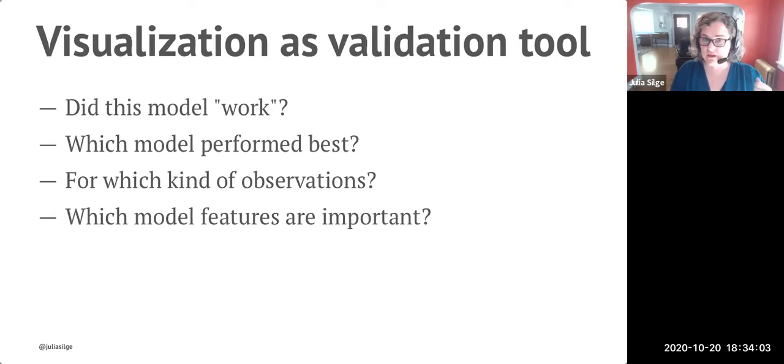At this point, these are decisions like, which model should I choose? Is this model fair enough? At the same time, there are some pretty unique things to note about plots used for model evaluation that I think are kind of interesting to point out.